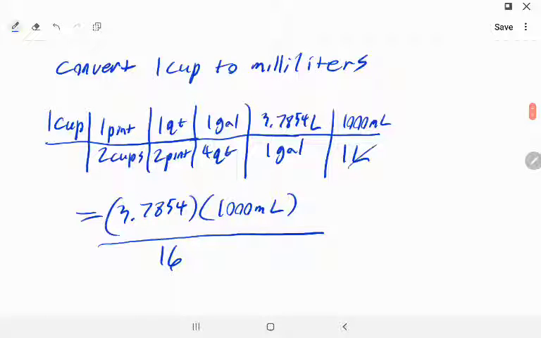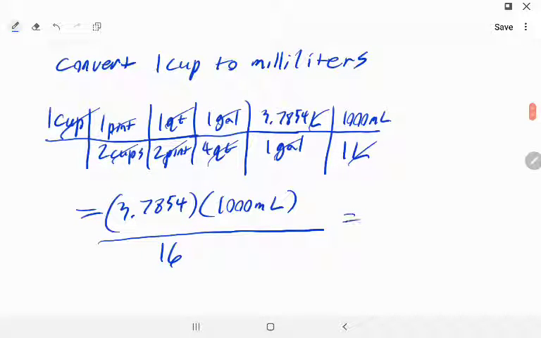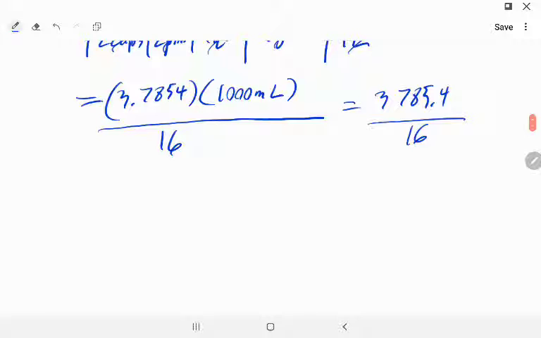Because we notice the liters go away, gallons go away, quarts go away, pints go away, cups go away, which is the point of that system. And so we're really just taking 3785.4, dividing it by 16, and so this isn't too bad of a calculation.